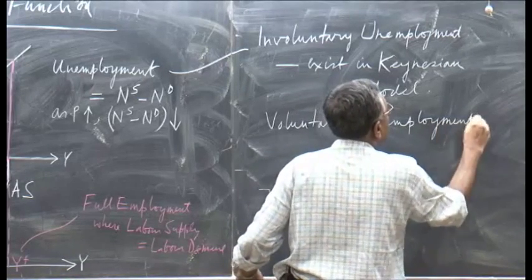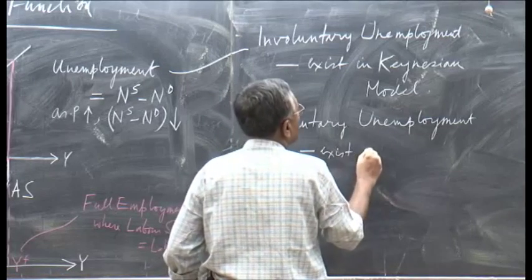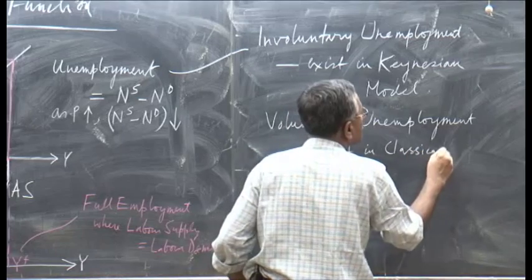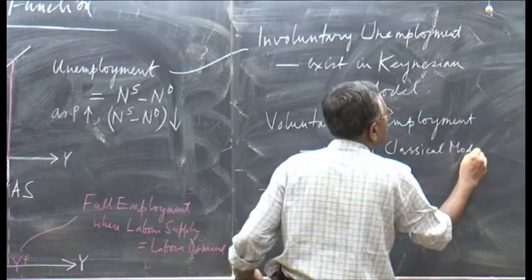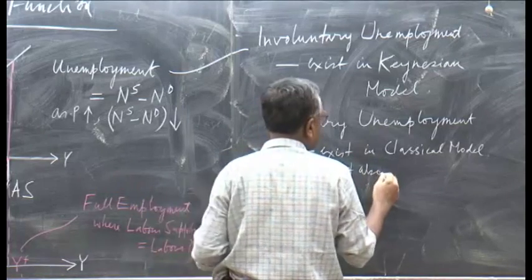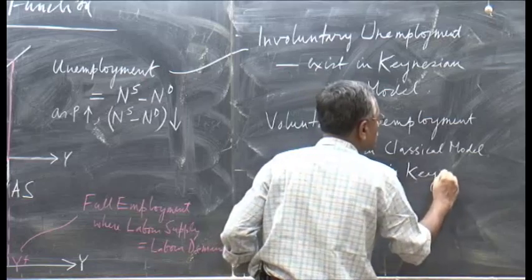At full employment, that unemployment exists in the classical model, always. And also, if you reach labor supply equal to labor demand, it can also exist in the Keynesian model.